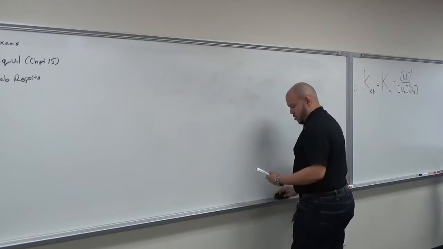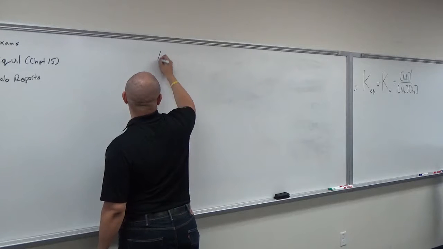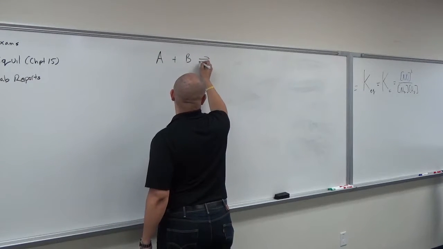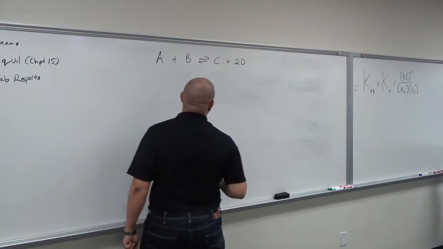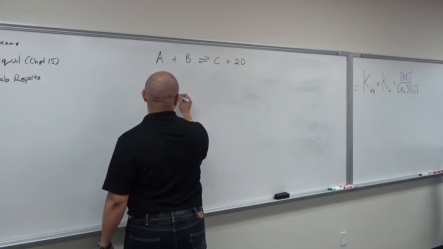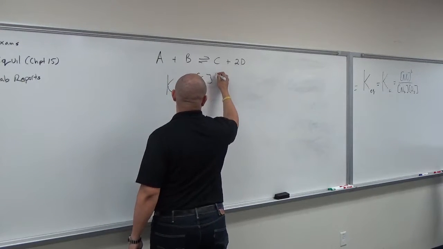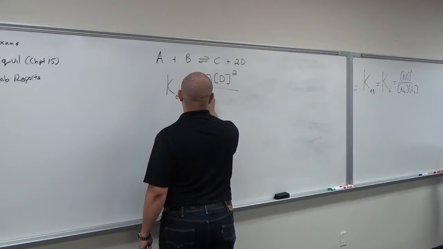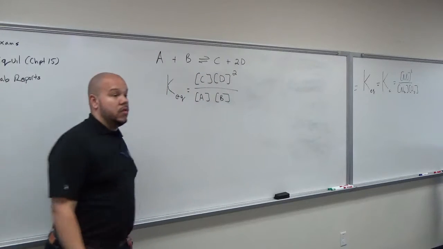Equilibrium says that if you have A plus B gives you C plus 2D, that KEQ is equal to the concentration of the products, D squared, all over the concentration of the reactants. And that is the relationship.